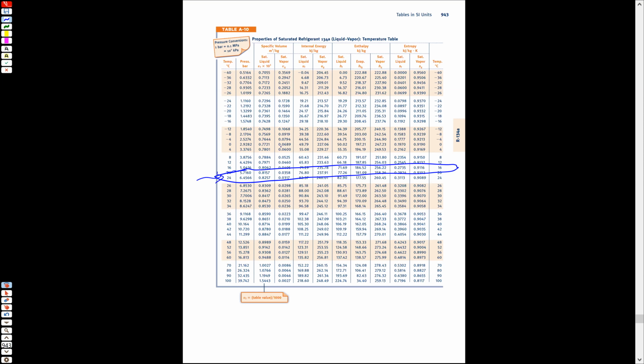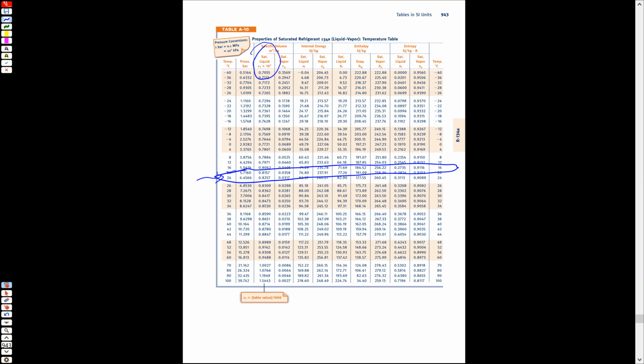I am in the subcooled liquid region, so the specific volume is the specific volume of the saturated liquid at this temperature. Look at the saturated liquid. Here is the saturated liquid, right?